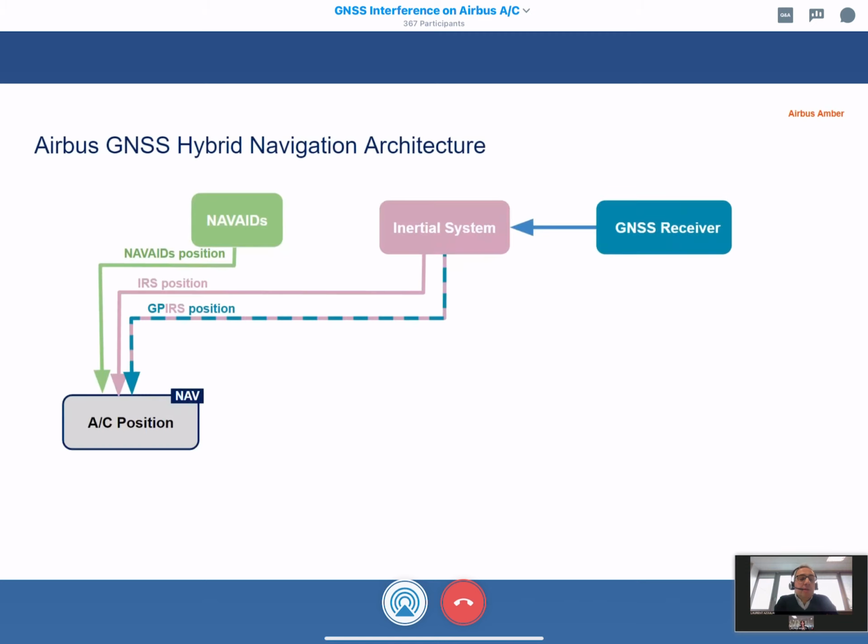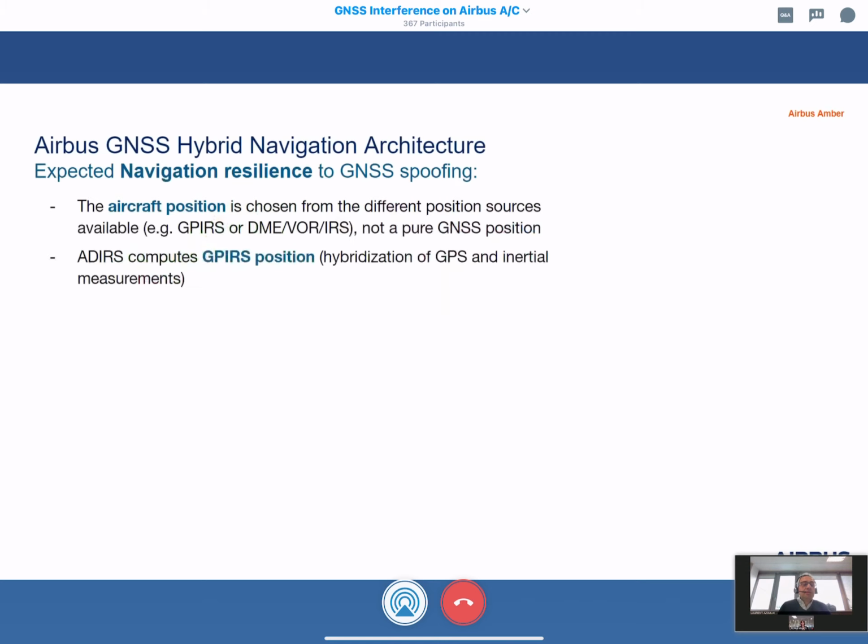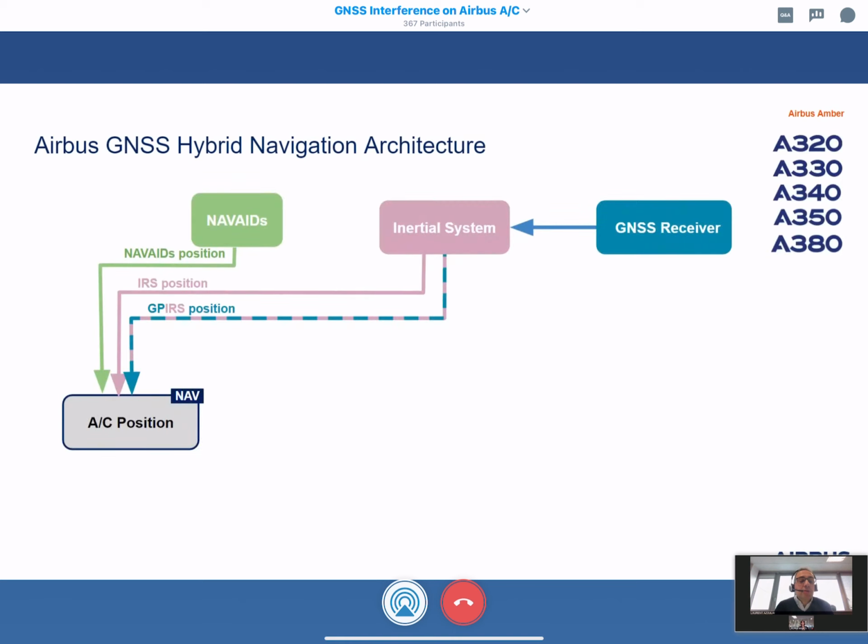So now next one, please. Looking at the architecture, you can see that the GNSS receiver measurement goes into the inertial system, and we have two independent inertial-based pieces of information that go out from the inertia.